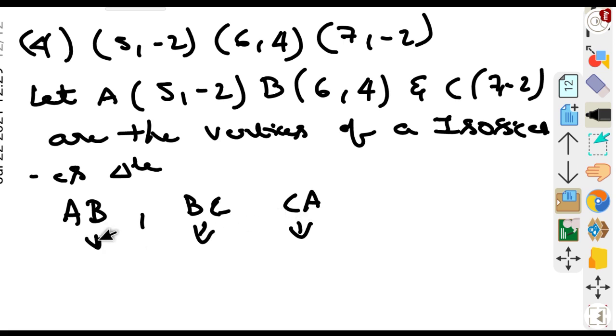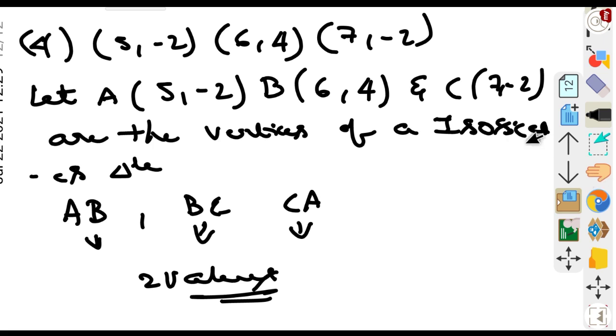Out of these three values, whatever answers you have got by using the distance formula, if two values are equal, then directly we can say that the given coordinate points are the vertices of an isosceles triangle, because an isosceles triangle is nothing but two sides are equal.